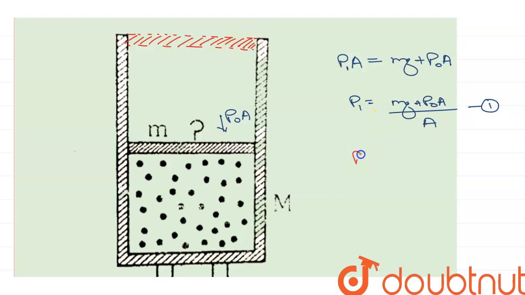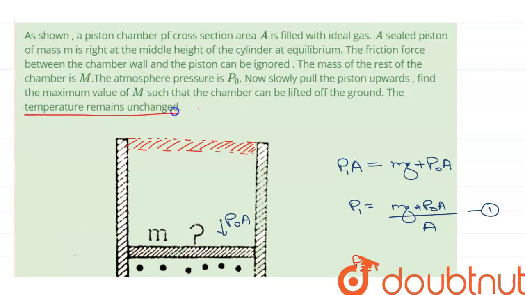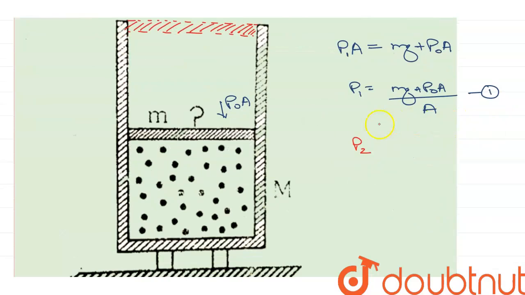Now, if the pressure of the gas at that time is P2 and the temperature remains unchanged, so P2 V2 should be equal to P1 V1. Volume can be written as area times H, so P2 times A times H is equal to P1 times A times H by 2, since the piston is in the middle of the cylinder initially.